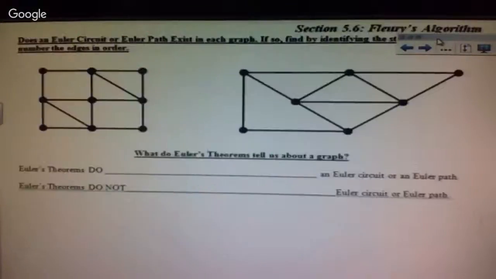All right, let's finish this chapter off, friends. Euler's theorems are great because they identify the existence of an Euler circuit or an Euler path.